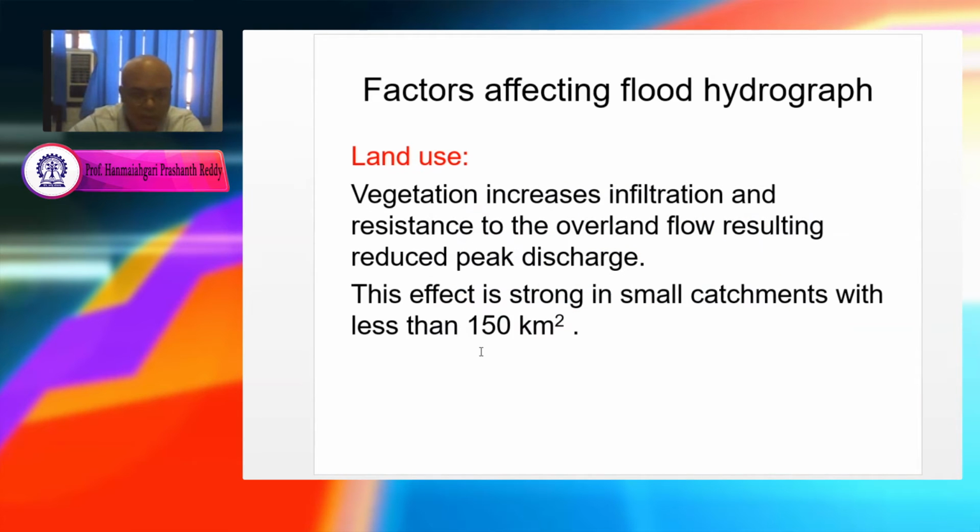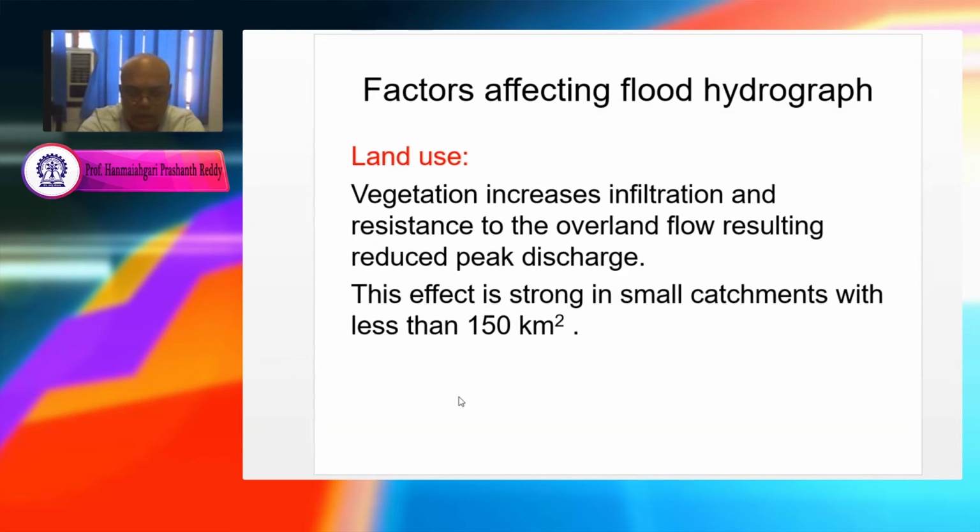The next important factor is land use, that is, vegetation, because it increases roughness, or vegetation obstructs the surface runoff. It increases the resistance to the overland flow.